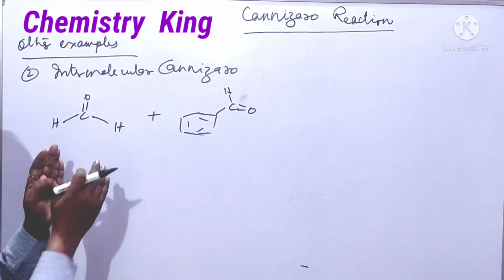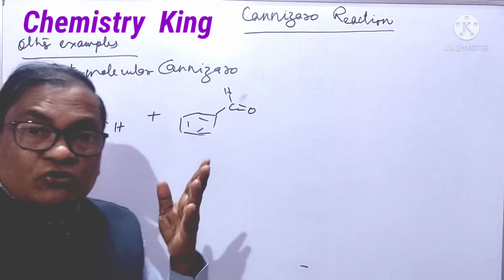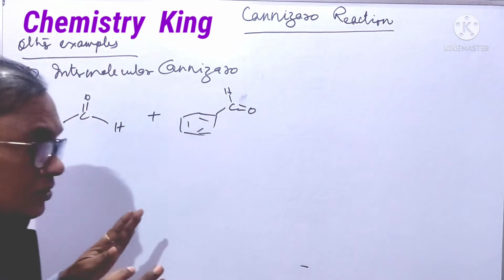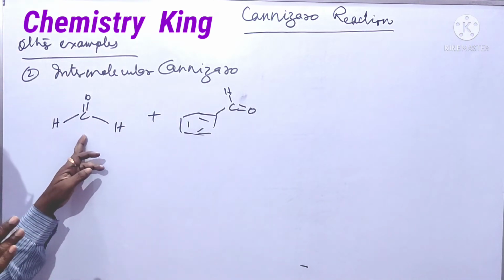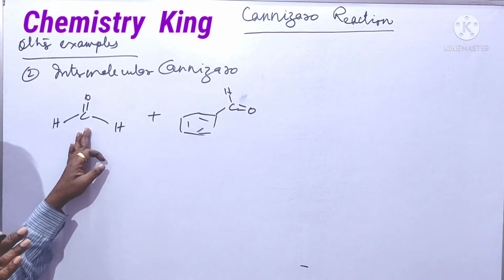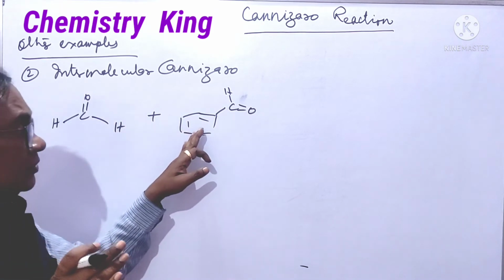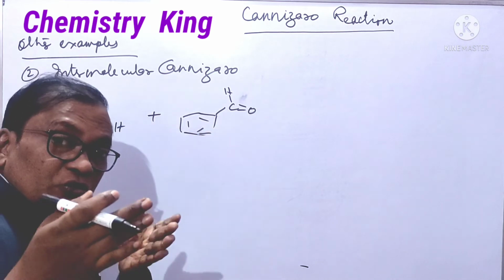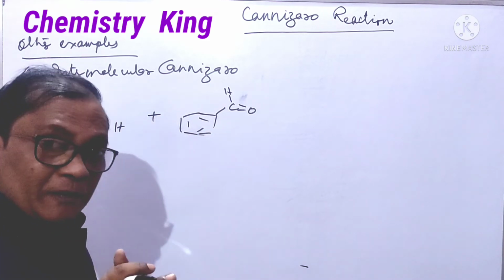It is a trick. It is super trick of Cannizaro reaction. Super trick. What super trick? A smaller molecule is oxidized and bigger molecule is reduced. Reduced means कम होना.